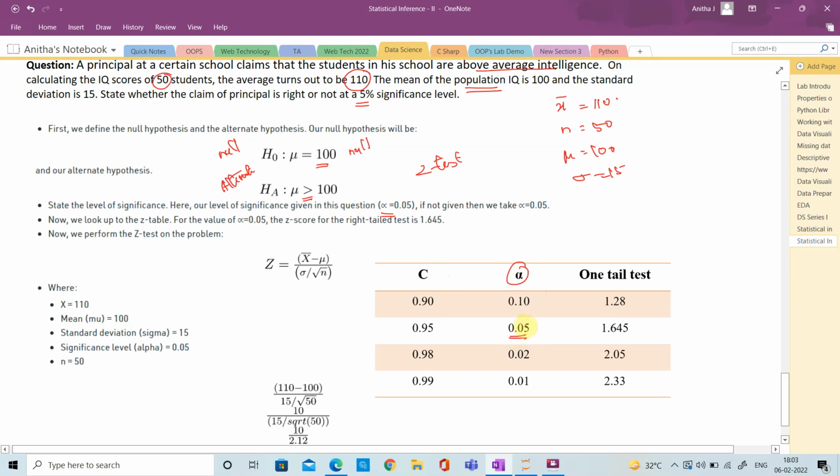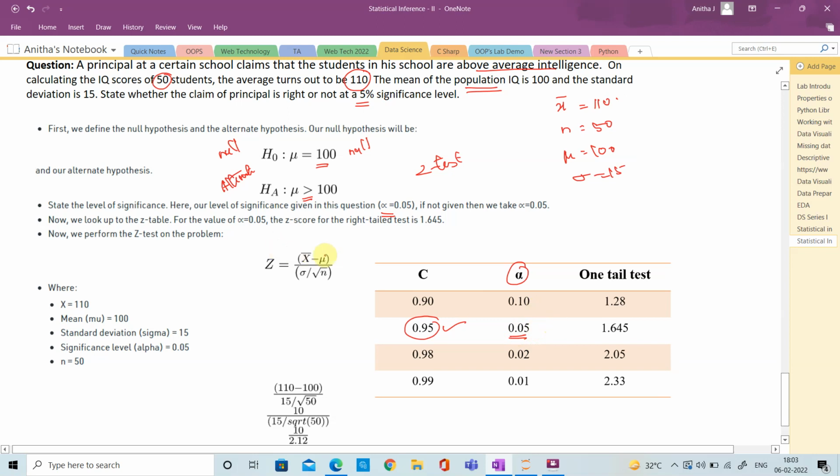If it is 0.05, the significance level means a 95% confidence level. I have explained this in my previous video. Confidence level represents that if I repeat my experiment multiple times, 95% of the times I can get this result. So the rejection level is only 0.05.